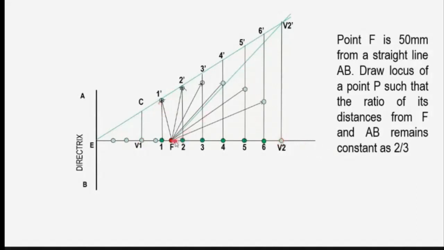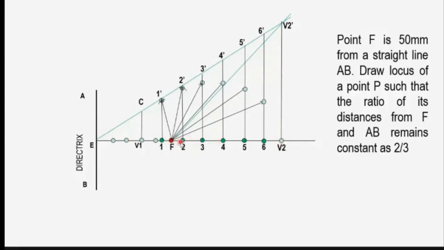Now somebody was asking why this angle should be 45 degrees. Okay. So if I take V2 dash as my point 7 dash and V2 as point 7, I will take the radius equal to the distance 7 7 dash. This distance I have to take as the radius, and F as center, if I draw an arc, this arc will cut the line here itself.